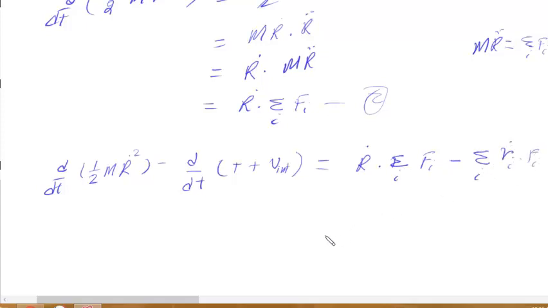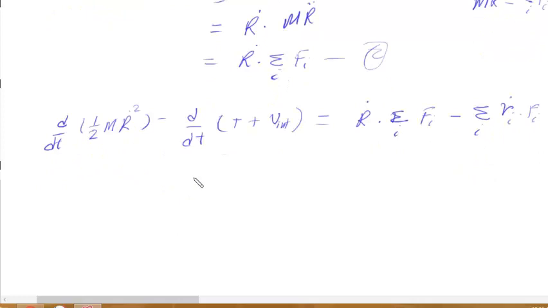Then we know this is the kinetic energy. This kinetic energy is equal to 1/2 M Ṙ². This is the kinetic energy of the center of mass, and this T is the relative kinetic energy about the center of mass.